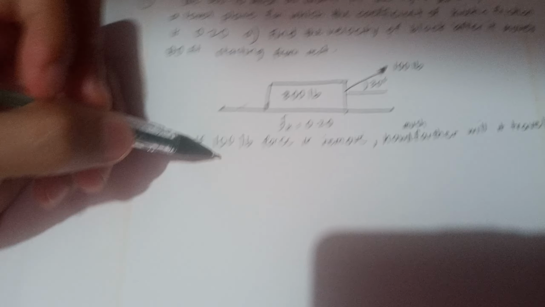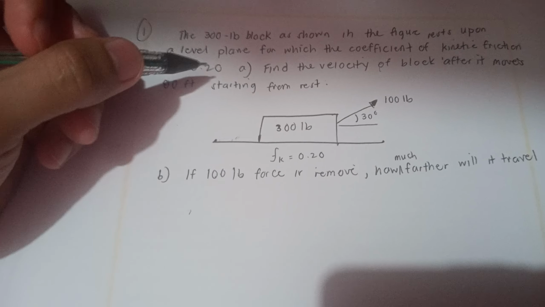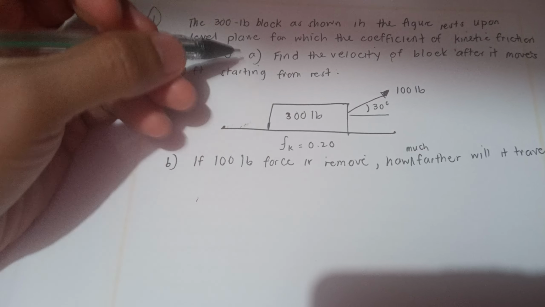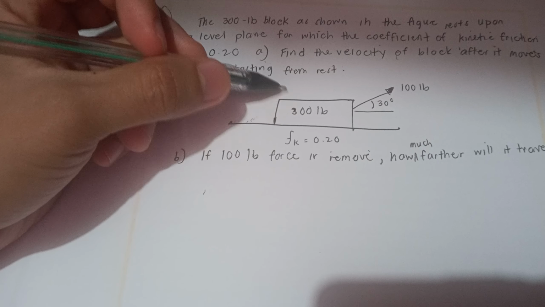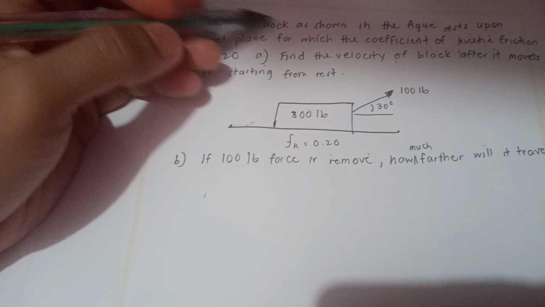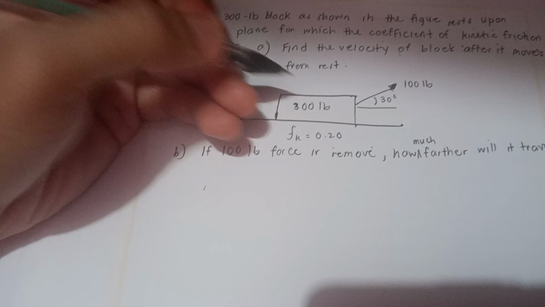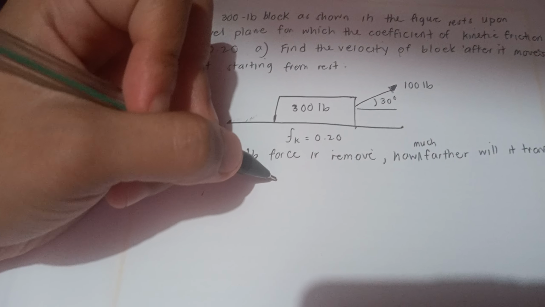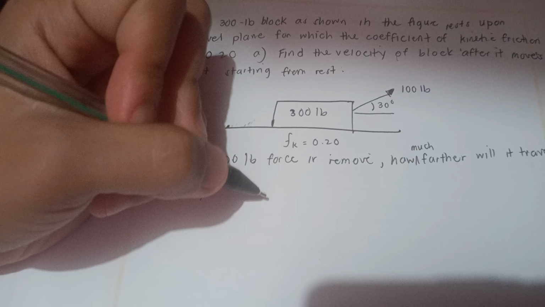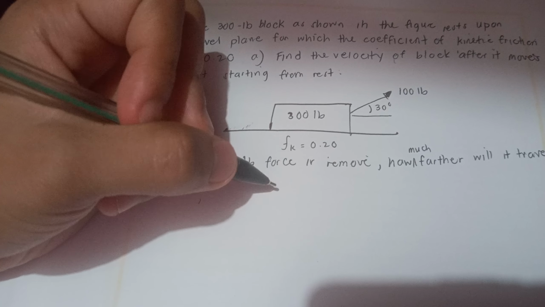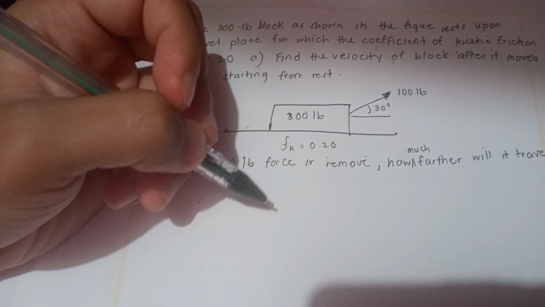So iimagine muna natin. So ito daw yung block na meron siyang weight na 300 pounds, static weight na yan. Hindi siya mass. Bakit? Kasi alam natin na ang pounds na ginagamit natin when it comes sa deformable.